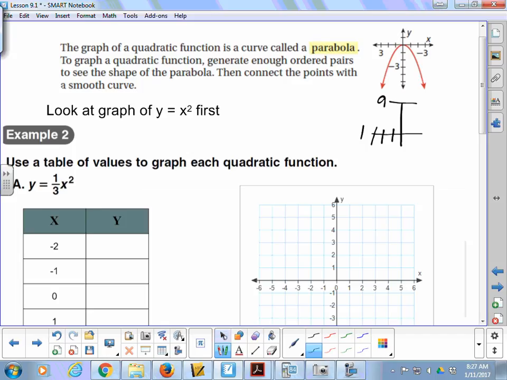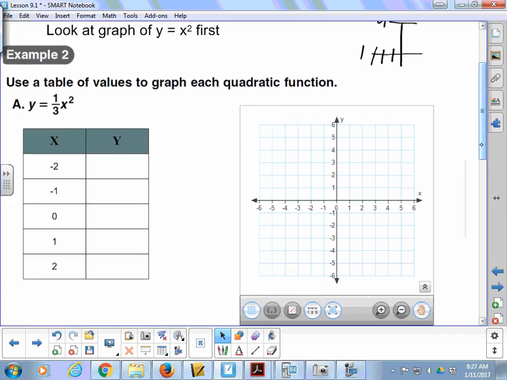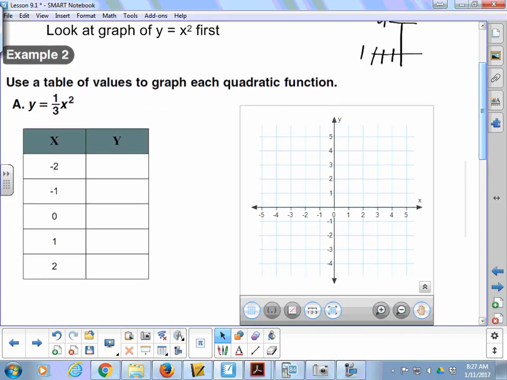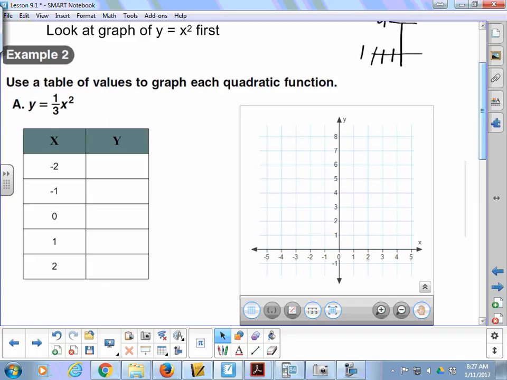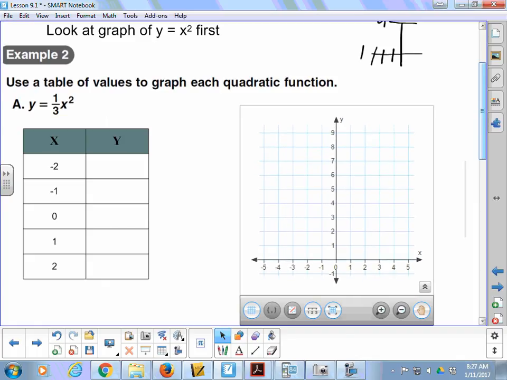And here, I'll just show you this. It should look about like this. Here's the one you make. You only need to go left and right 4, that's far enough.